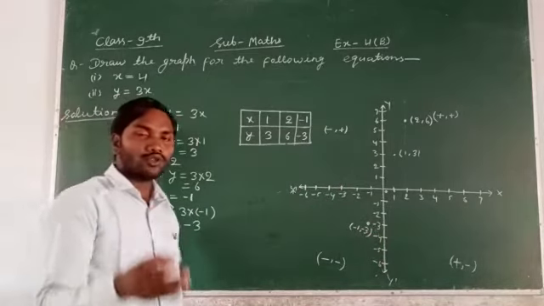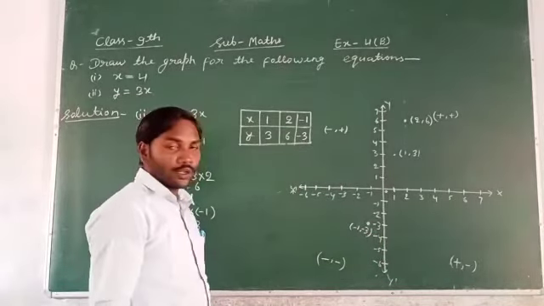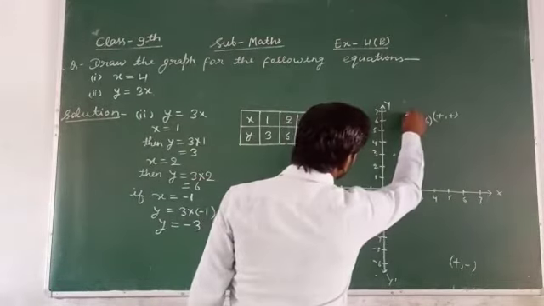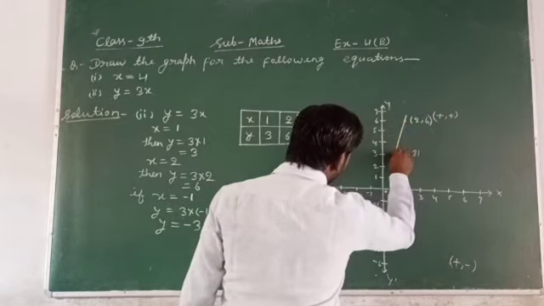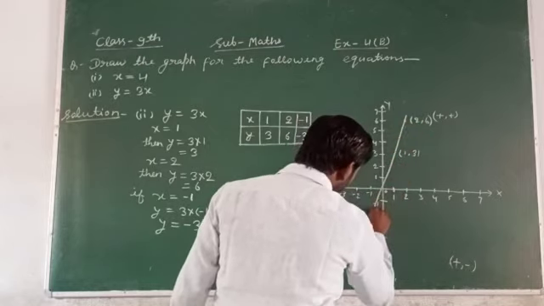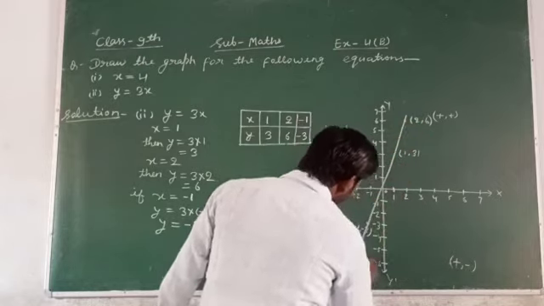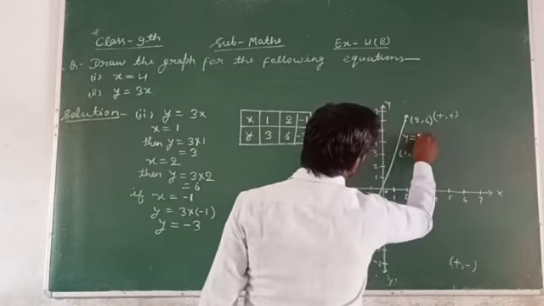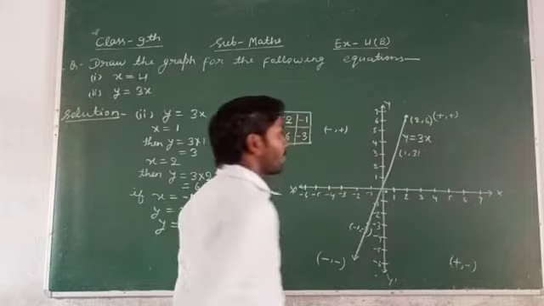Now we will join all the points to get the graph of y is equal to 3x. So join the points, and this line represents y is equal to 3x.